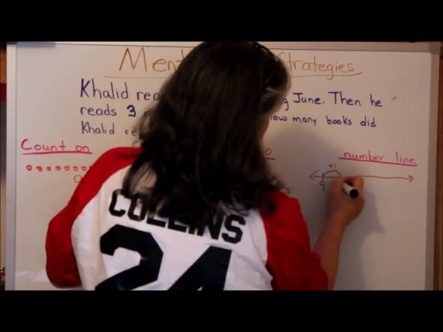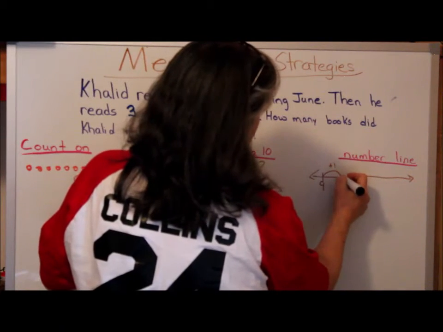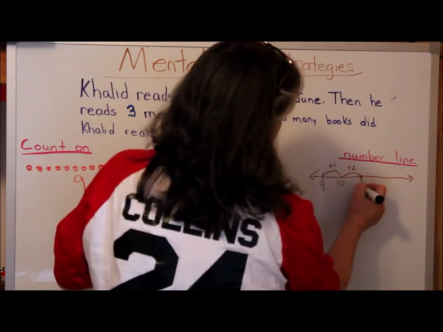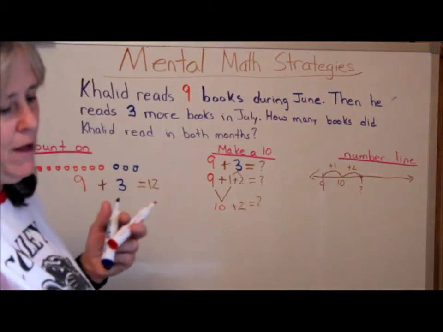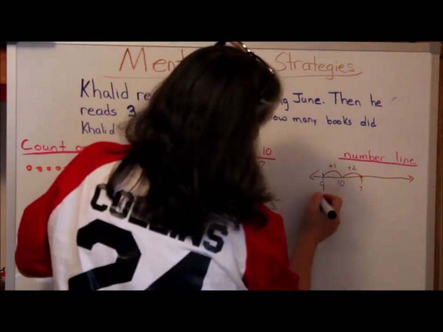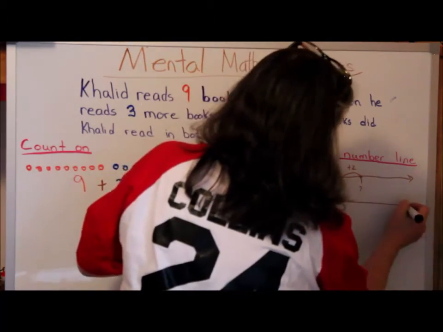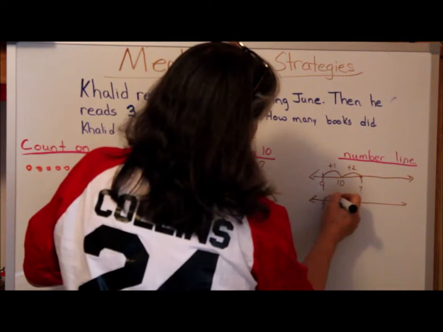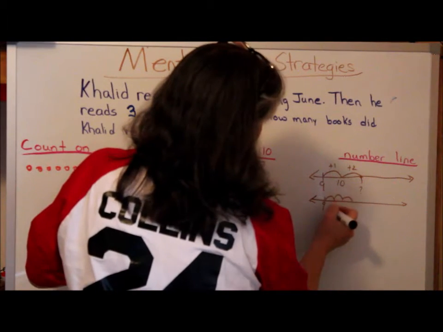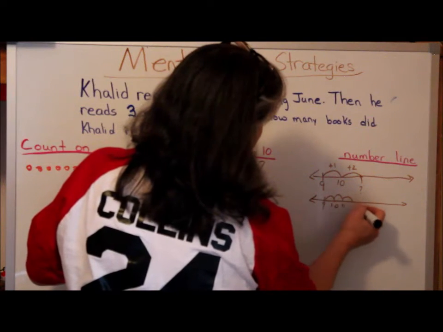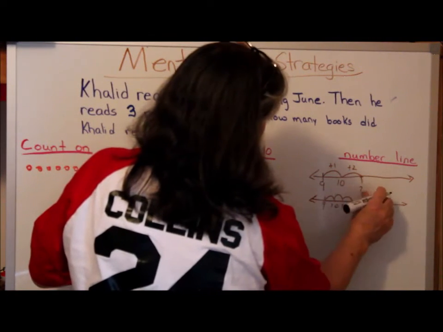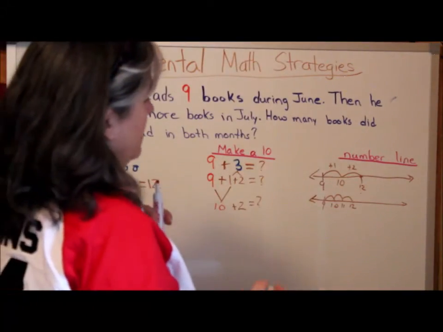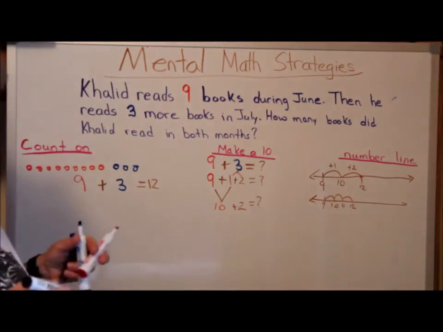Plus 1 equals 10, and then plus 2 more to find out what that is. I could do it that way. I could go like this and say 9, and I could go plus 1, plus 1, plus 1, right? 9, 10, 11, 12. I could do it that way. So there's different ways that I could use my number line.